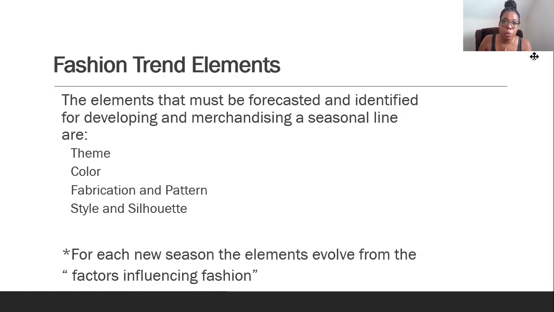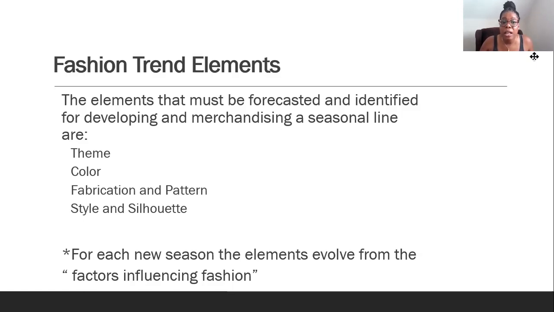We have resort wear seasons, we have holiday seasons, but our two standard seasons that we always have, always, regardless of what's going on: fall, winter, spring, summer. All right. And for each of those seasons, we make predictions, forecasts for the masses about what is going to be relevant, what is going to be popular, what's the popular color, what's the popular style.